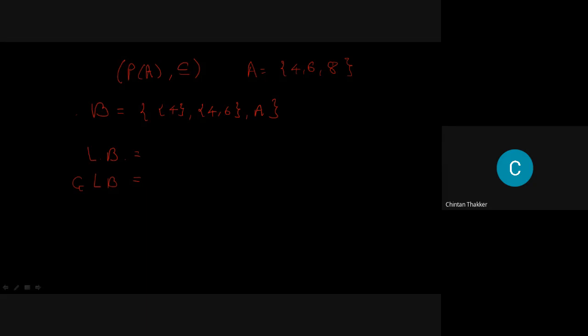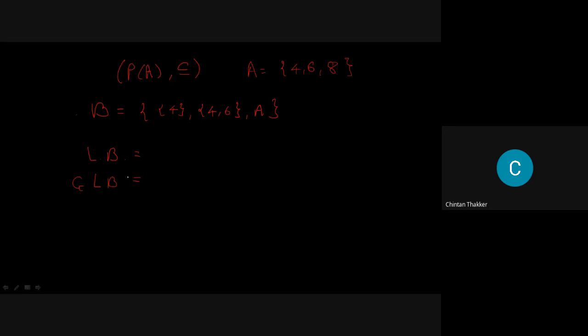So here you have to find the subsets of A which are subsets of singleton 4, 4 comma 6, and A itself. We know that phi is a subset of all sets.